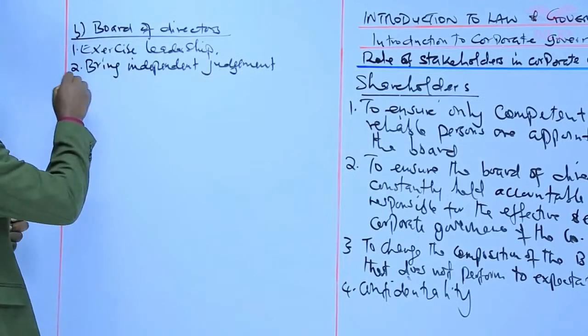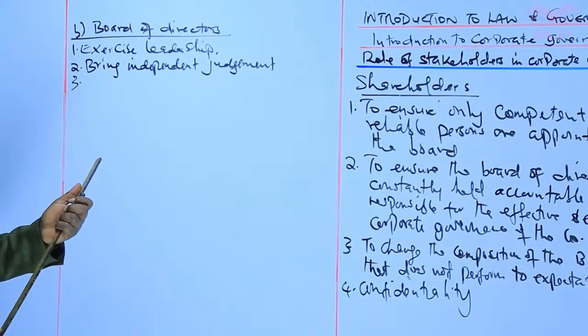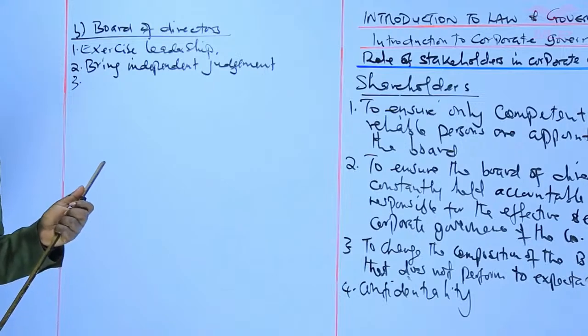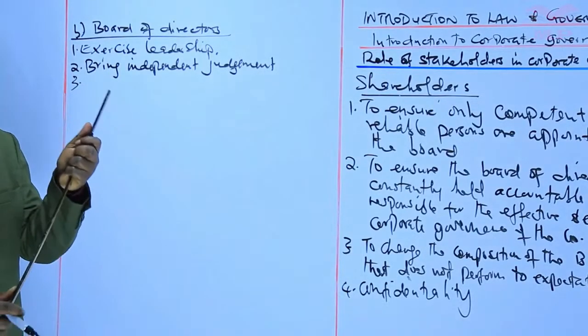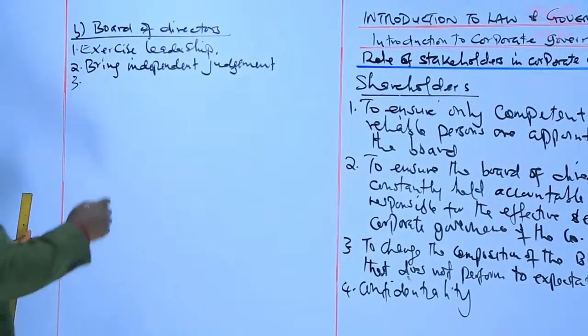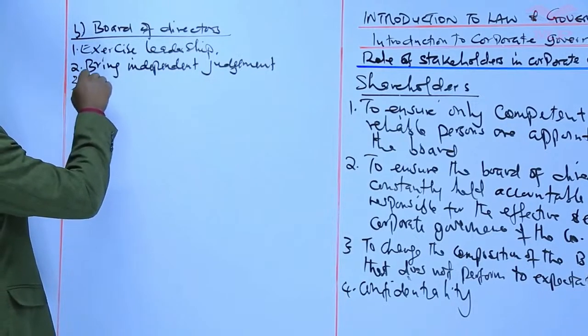The third role of the board of directors in relation to corporate governance is to determine the corporation's purpose and values.